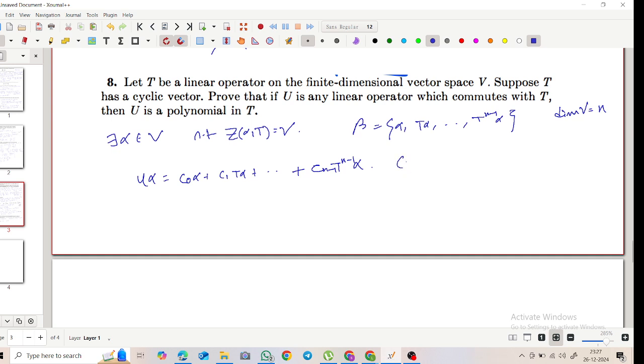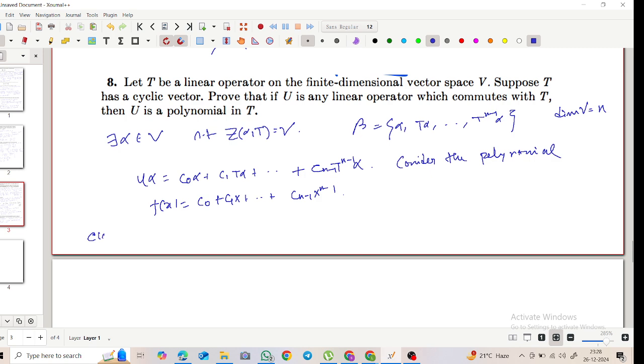Now consider the polynomial f(x) with these coefficients, c0 plus c1 x up to c(n minus 1) x to the power n minus 1.